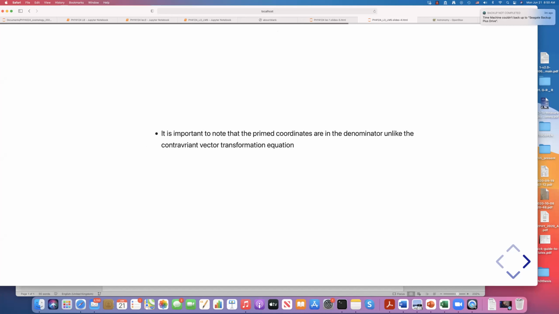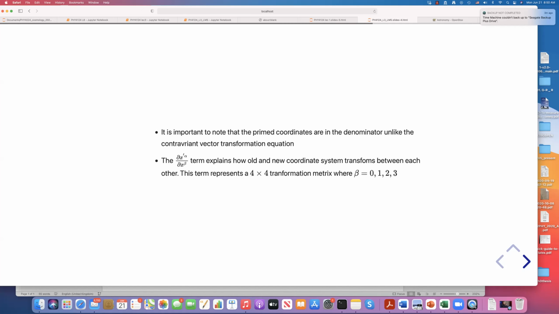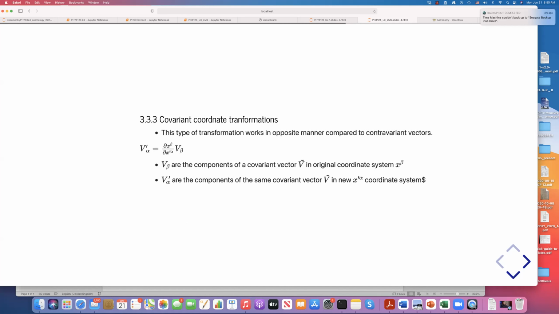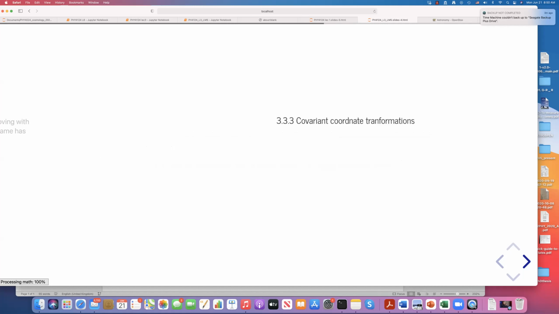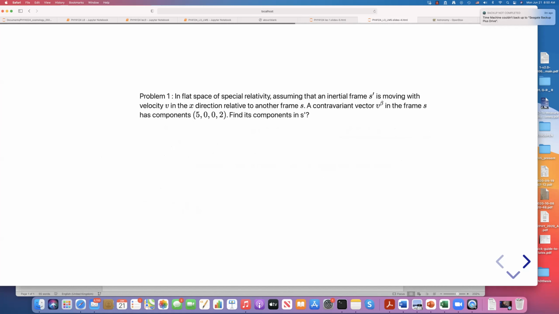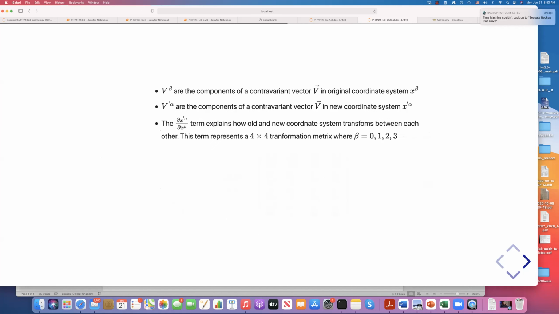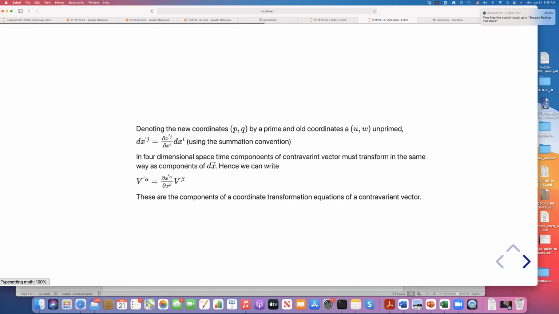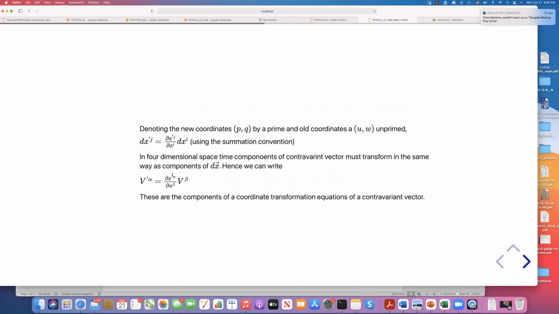It is important to note that the prime coordinates are in the denominator, unlike the contravariant vector transformation equations. This is actually important here. The prime is now right here. But if you look at the previous one, the prime coordinate is right here, right?